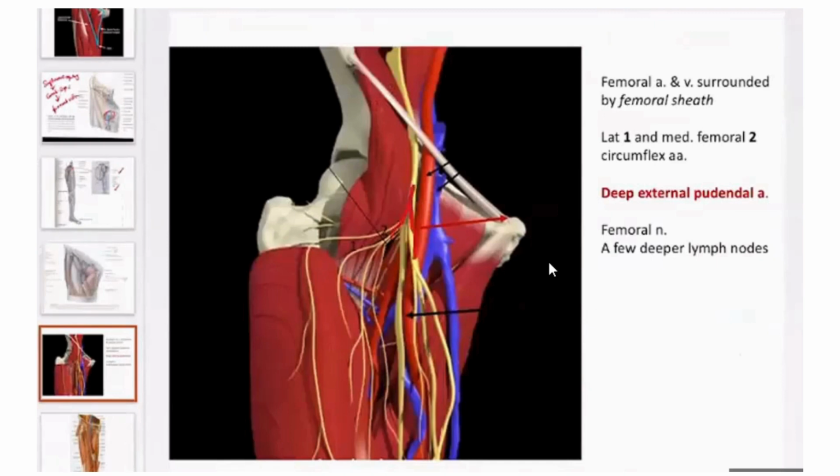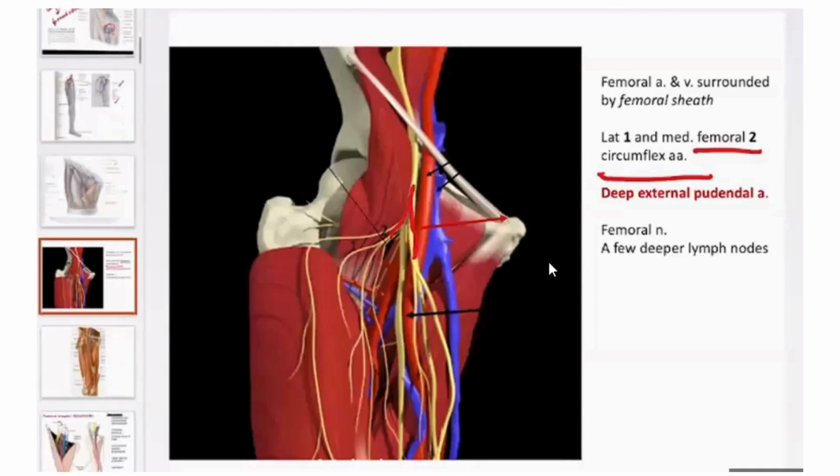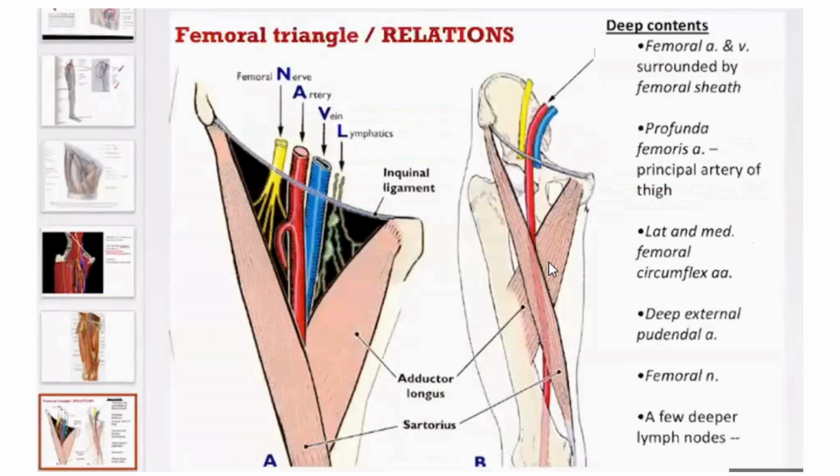One important branch given out by the femoral artery here is the medial circumflex and lateral circumflex femoral artery. Can you see the contents once again? Cloquet group of lymph node, vein, artery, nerve. Clear, right? The superficial branches are 3 in number, deep are 2 in number.